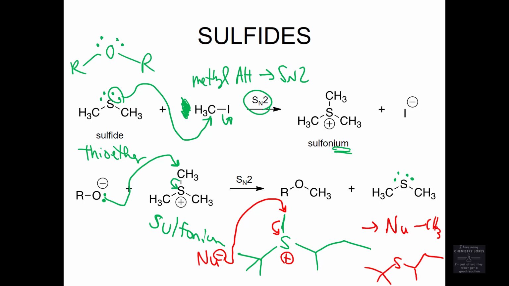You follow? Sulfur is good at doing SN2, and it's good at being SN2'd upon. So this top reaction is me showing sulfur doing SN2, bottom reaction showing sulfur being SN2'd upon, in this crazy way that I say that.